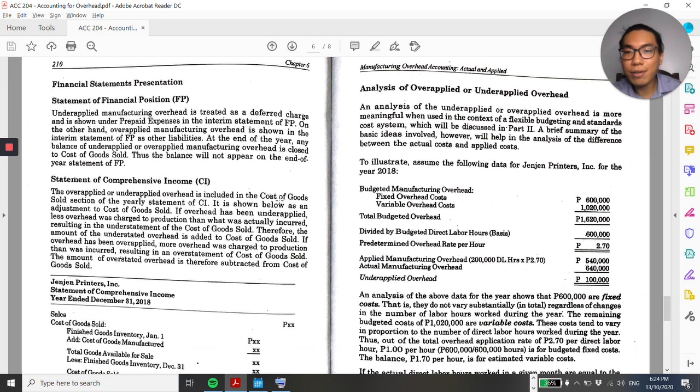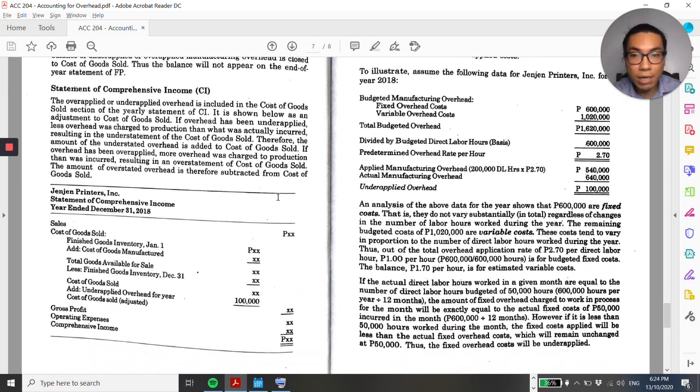And then for the financial statements presentation naman natin, if there will be any under-applied or over-applied overhead costs during the period. So normally, in most cases naman, after siya ng cost of goods sold natin, yung presentation on the under-applied and over-applied overhead costs.